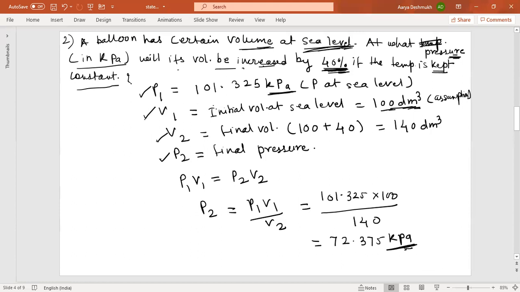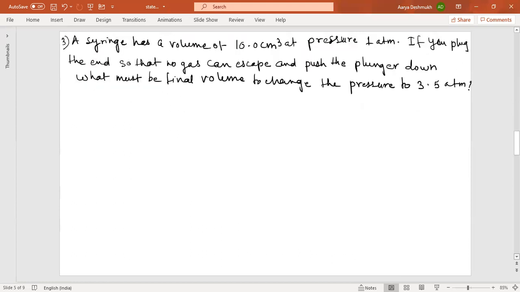Okay, so the next numerical will go. This is from the textbook itself. A syringe has a volume of 10 cubic centimeter at pressure 1 atmosphere. If you plug the end so that no gas can escape and push the plunger down, what must be the final volume to change the pressure to 3.5 atmosphere?